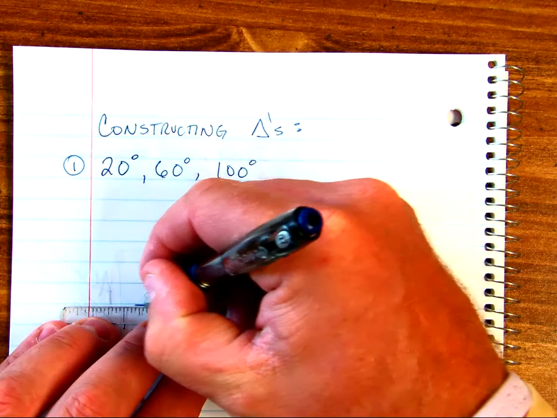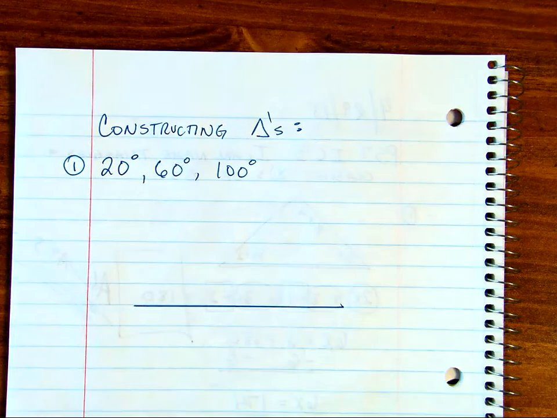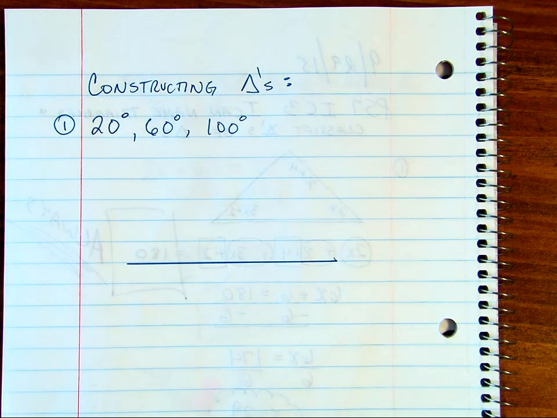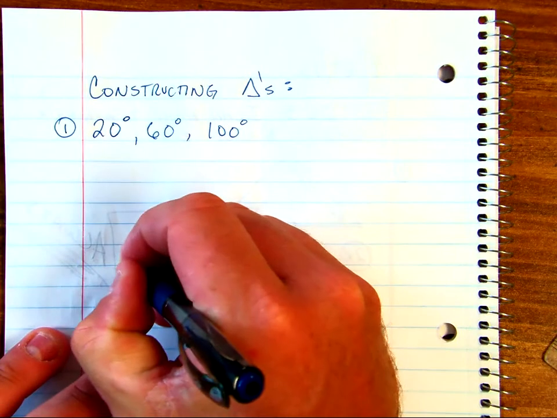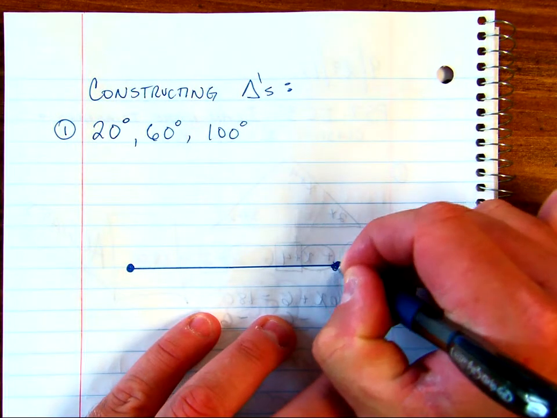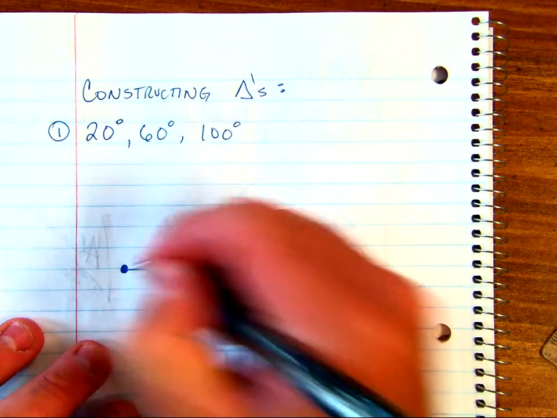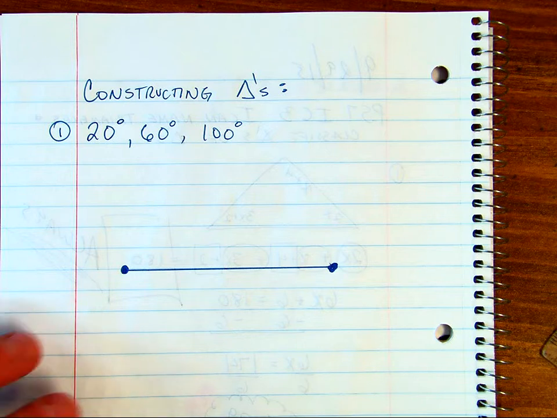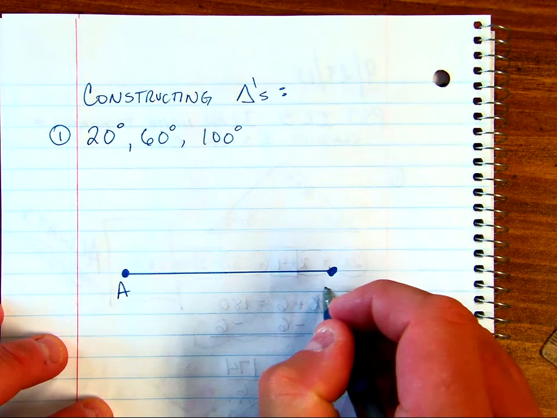So I'm just going to draw a base, and then I'm going to put dots, endpoints, at the end of each segment. What letters do you want to use? All right, A, B. Now we need to make the C.